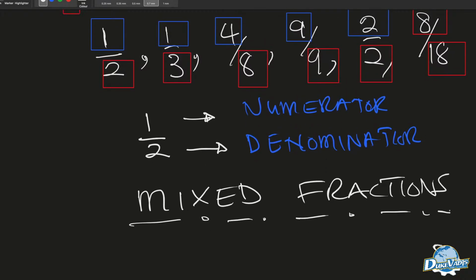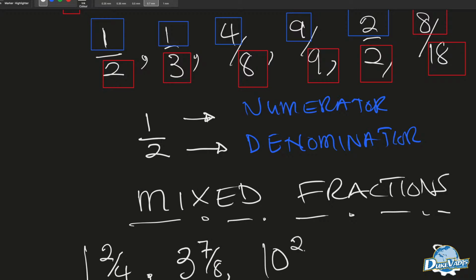You see, there will be a number called the whole number. Okay, so the mixed fraction is when we have 1 2/4, 3 7/8, 10 20/5, 11 6/8, 9 2/3.